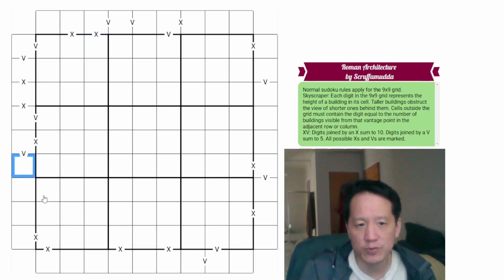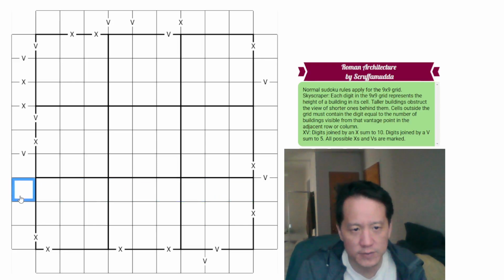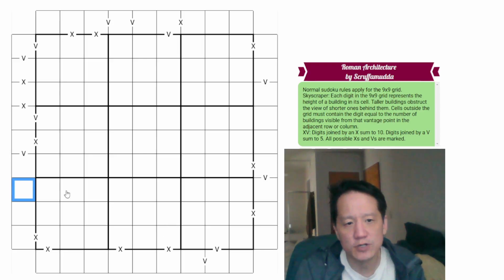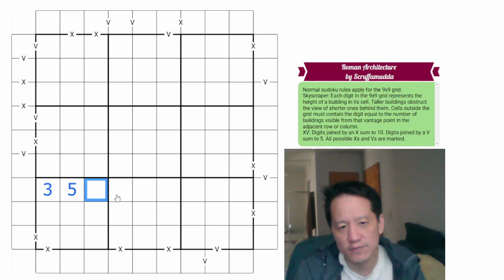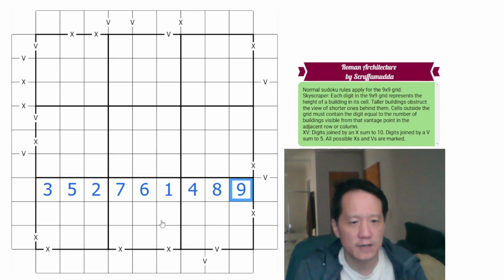So, for example, let's just make a random one. Say this was 3, 5, 2, 7, 6, 1, 4, 8, and 9, right?